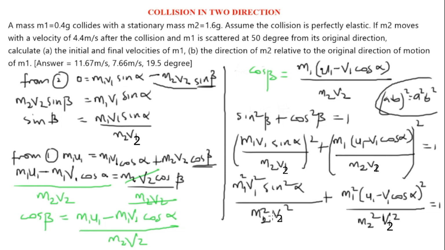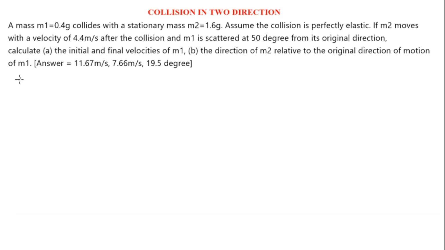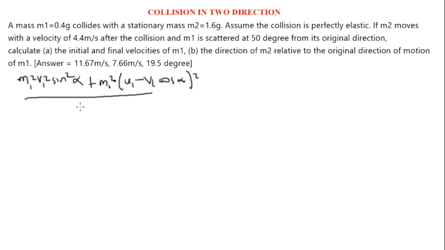So what I will do next is to find the LCM. If you find the LCM, you will obtain something of this nature: m1 squared v1 squared sine squared alpha plus m1 squared into u1 minus v1 cos alpha all squared, all over m2 squared v2 squared, and that's supposed to be equal to 1.